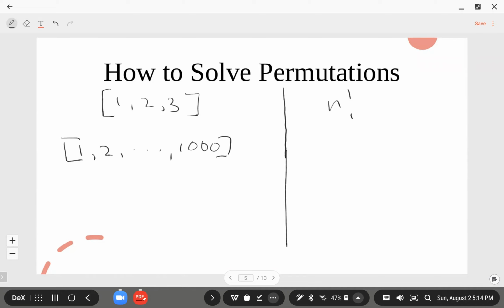That's how many objects are in the set. And that's how you solve. Let's say 4 objects in the set would be 4 factorial, right? It'd be 4 factorial, and that is 24, okay? So does everybody understand how to solve permutations? And these are very basic ones.